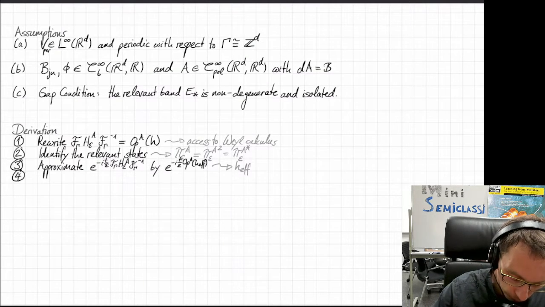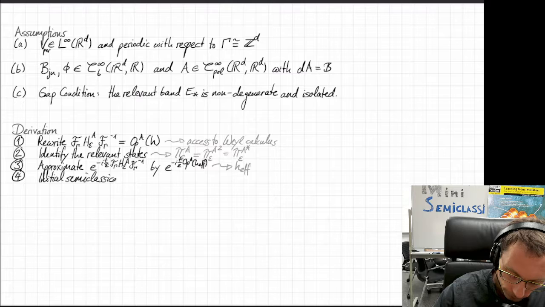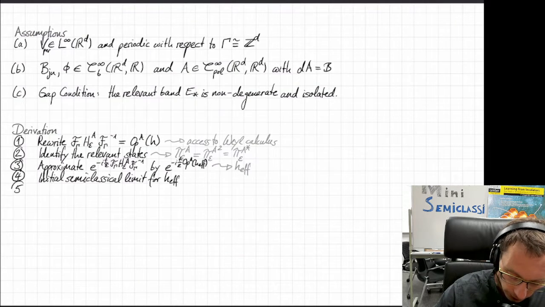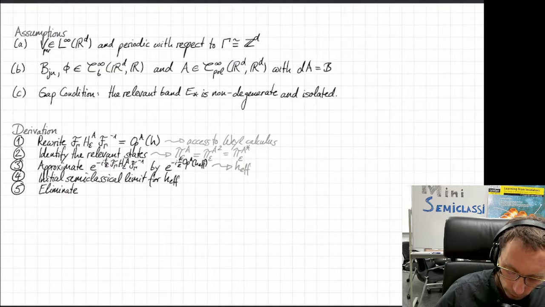Then we do an initial semi-classical limit for H effective. And then in the last step, we have to eliminate the apparent dependence on the choice of Bloch gauge.